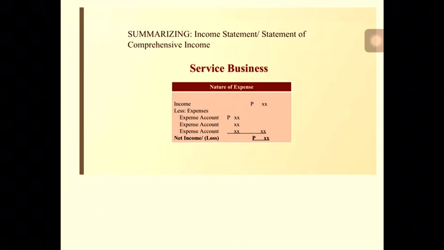Okay, take note that your function of expense may not necessarily be applicable for a service type of business, because when we take a look at the nature of the operations of a service type of business, it is not engaged in the selling of goods, rather it is engaged in the provision, or the rendering, of services.